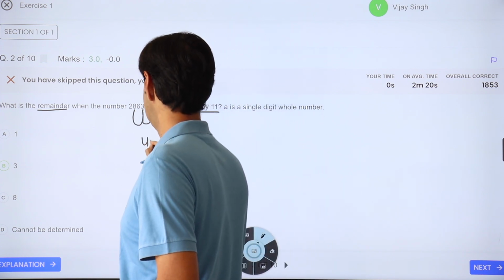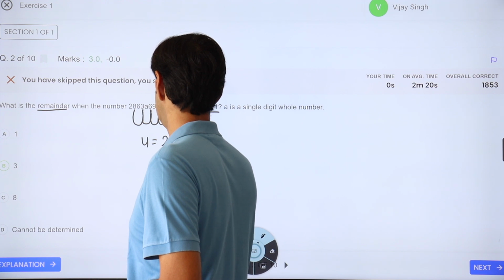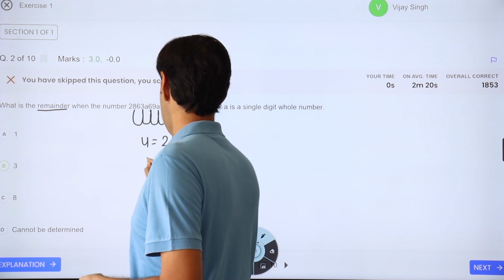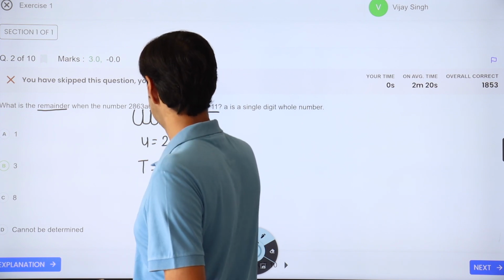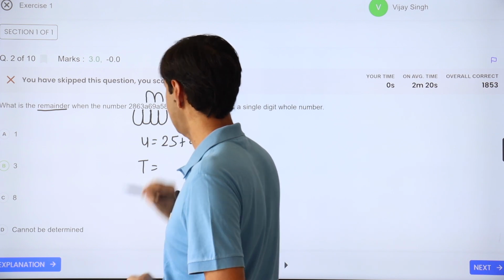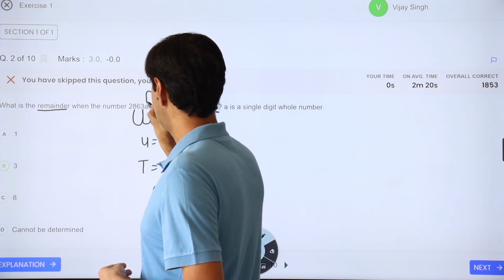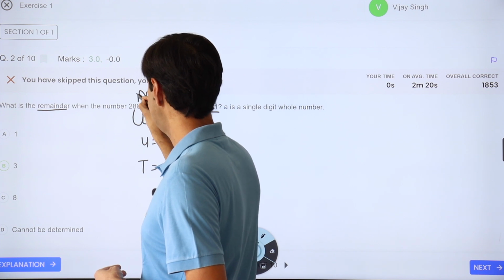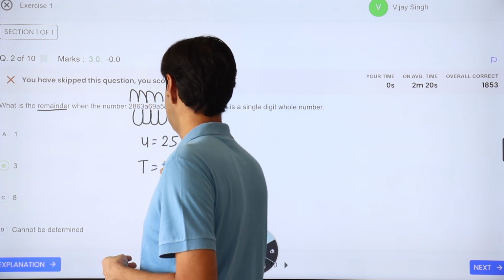So u is 25 plus a. And the other set of numbers starting with the tens digit, 9 and 5, 14, 14 and an a, 14 and a 6, 20, 20 and this 2, 22.